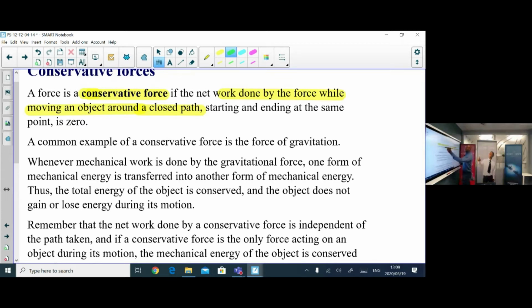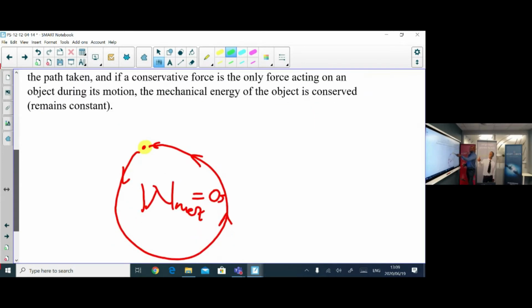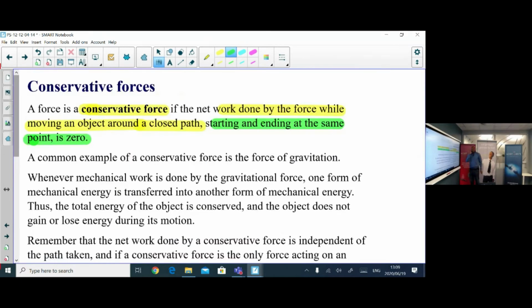If we have starting and ending at the same point, as I showed you according to that loop, if you start from here, you end up here again. Net work is equal to 0 joules. There is nothing that happened there. That is conservative forces. There's a condition, and this condition is very, very important.